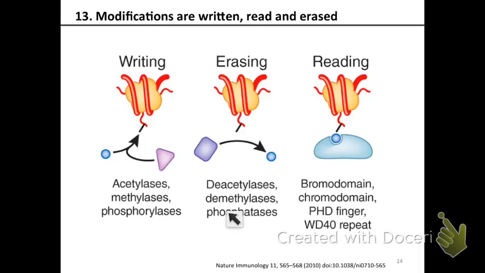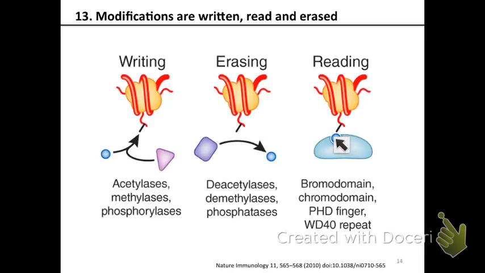Now, when these modifications are on the tails, they are bound by proteins that have certain protein domains. These are certain regions of the protein with a structure that's going to be able to dock onto these modifications. Okay? And these are called the reading proteins. So these proteins are going to read the modification.